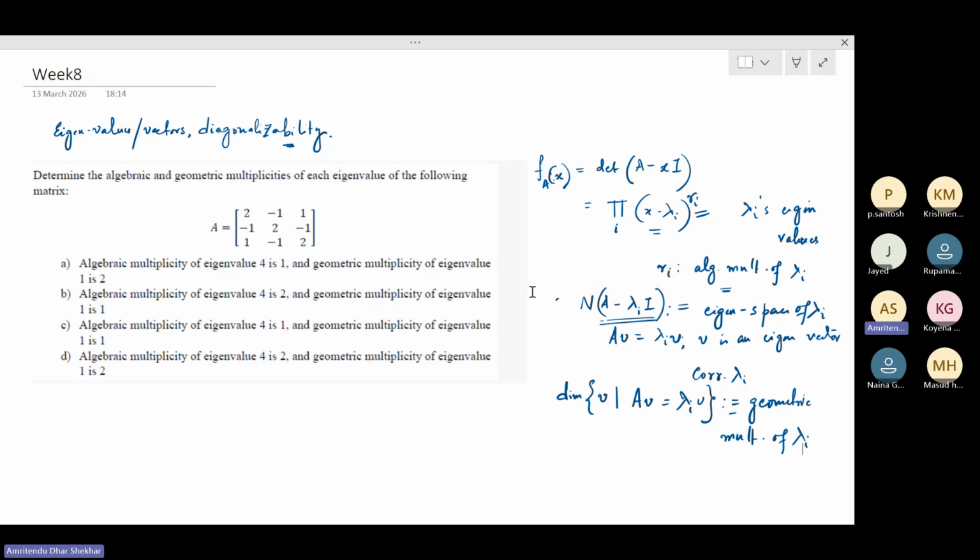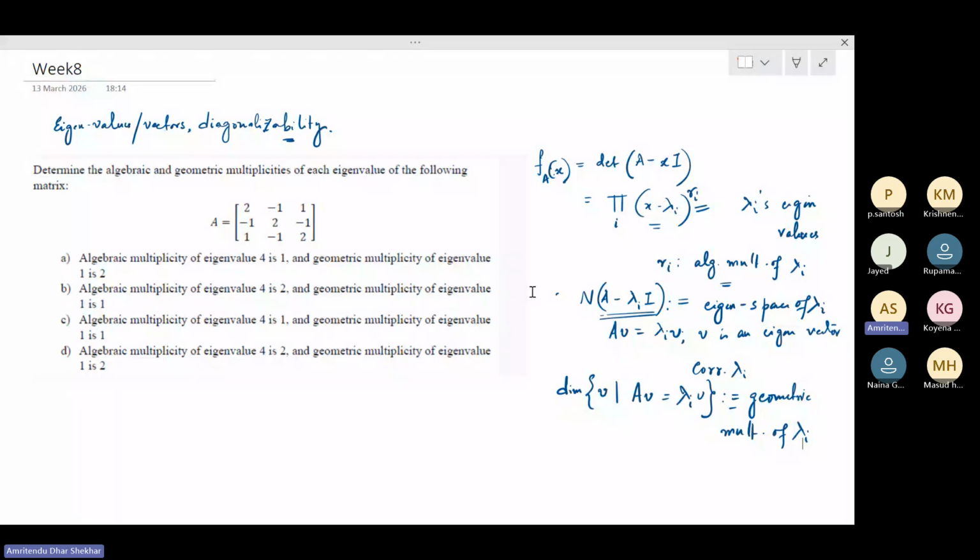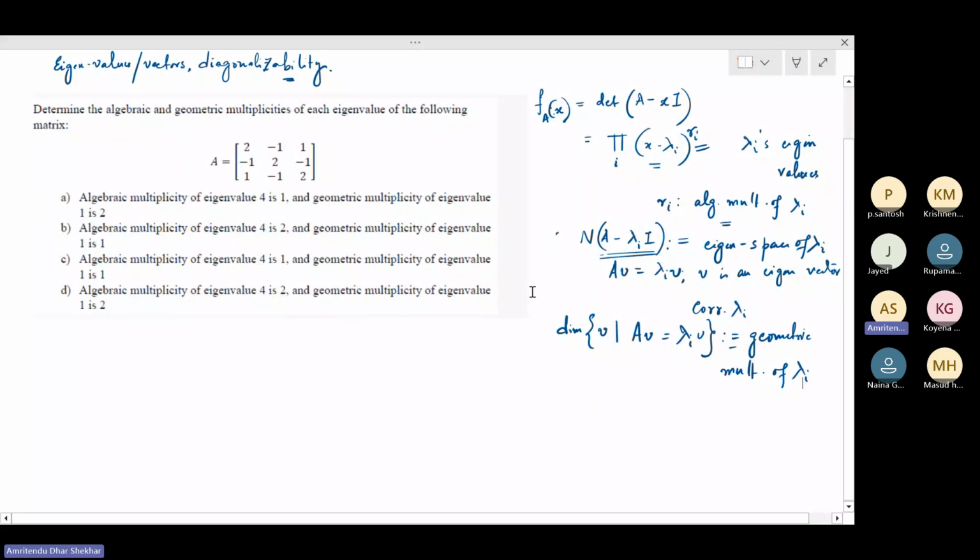But in this case, it is easiest to just solve the characteristic equation. So we're going to solve for the determinant of A minus xI to be equal to 0.